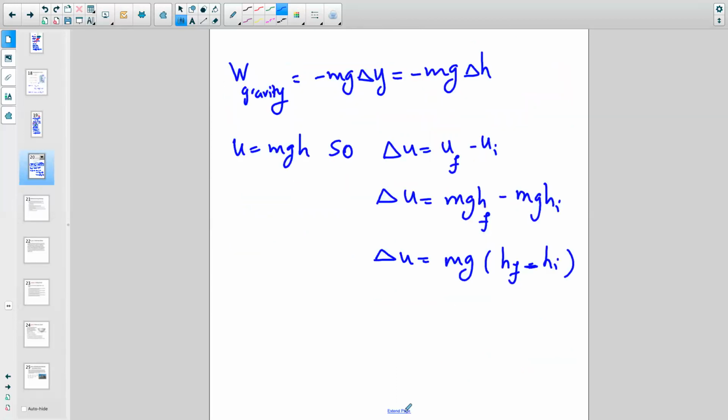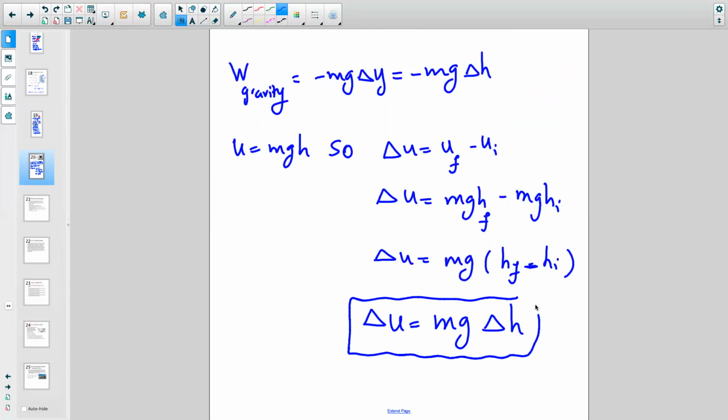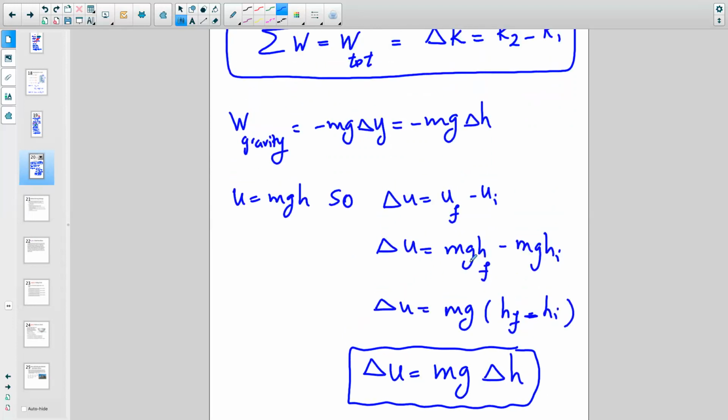Okay. Or mg delta h. Okay. All right. So when you're looking at this, what is this?